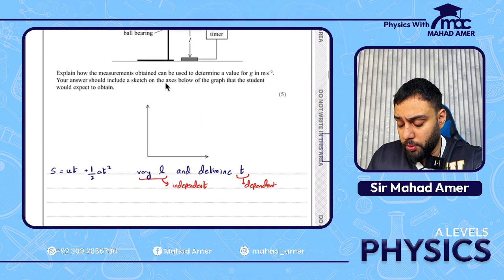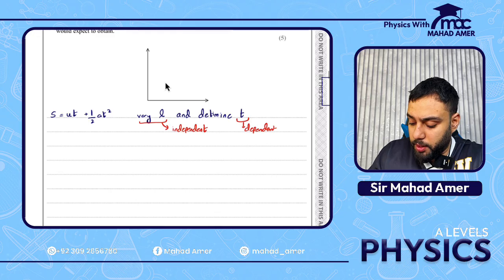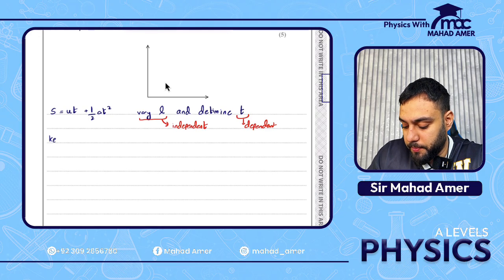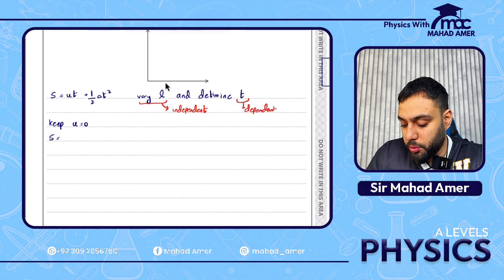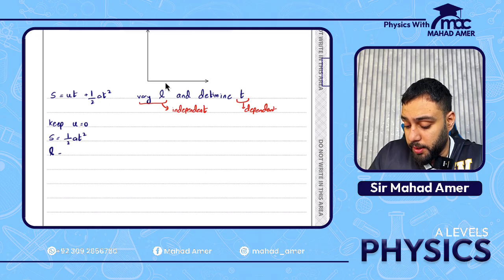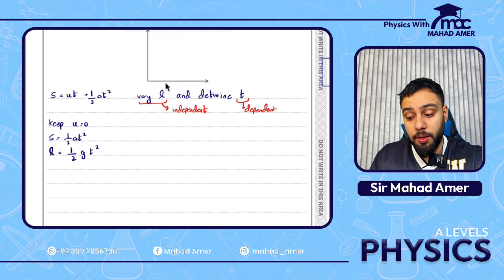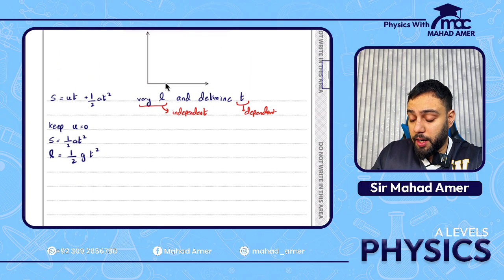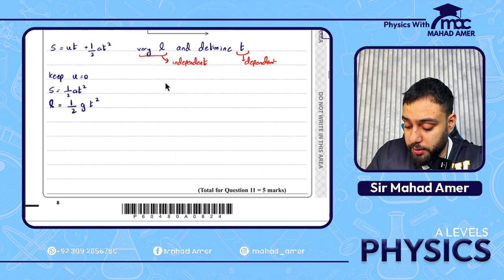Okay, first of all, you'll keep initial velocity as 0. Keep u = 0. So the equation will be s = ½at², where now s becomes L, acceleration becomes g, and t squared. If we agreed to this, we would make t square on the y-axis. So t square goes on that side.